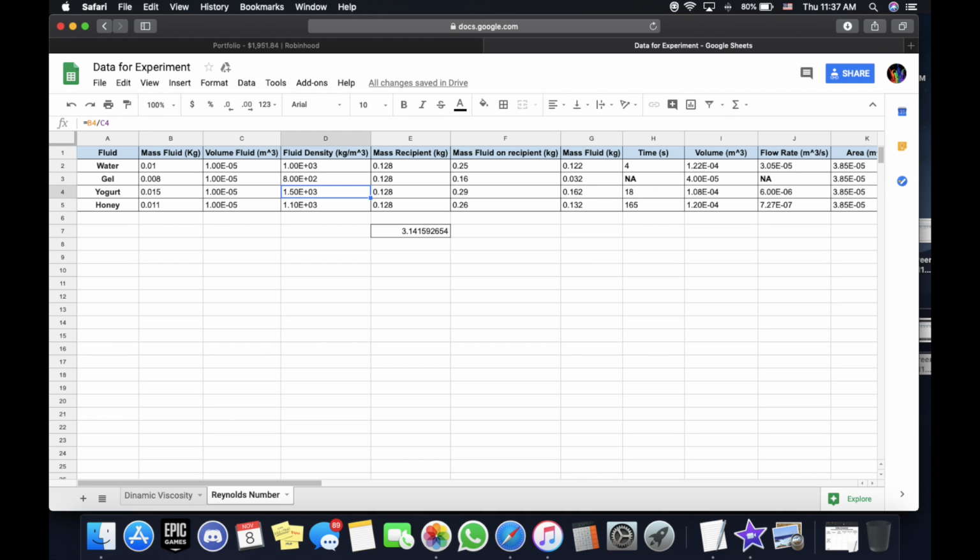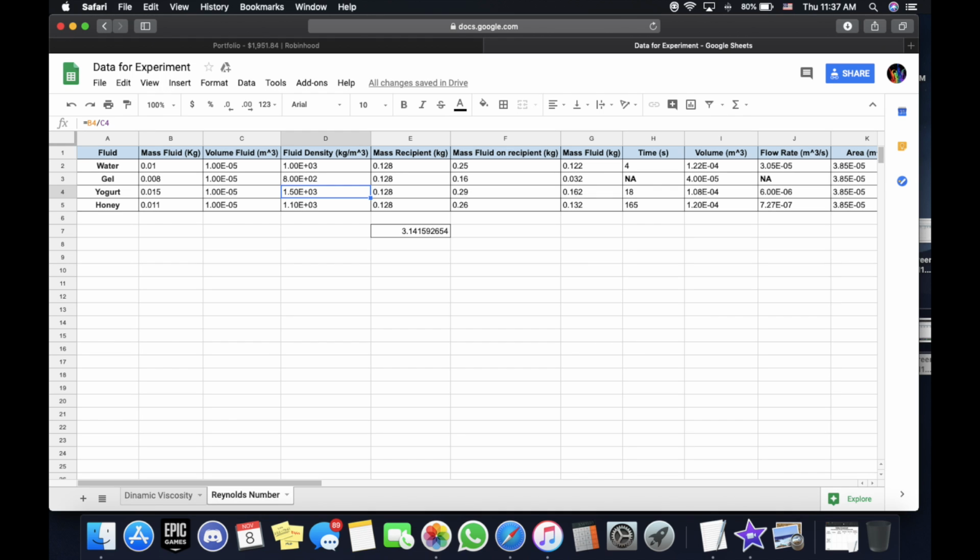That is the final mass that we were measuring. The time was the time the total mass took to pass throughout the funnel, and the volume is the total volume that passed throughout the funnel in that time, which we found by dividing mass by density. That's how we found the volume.